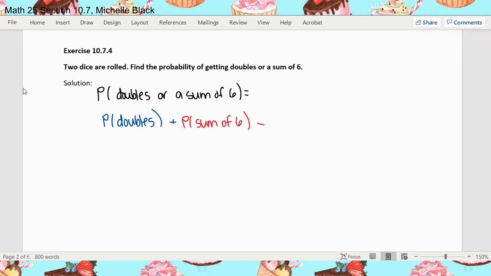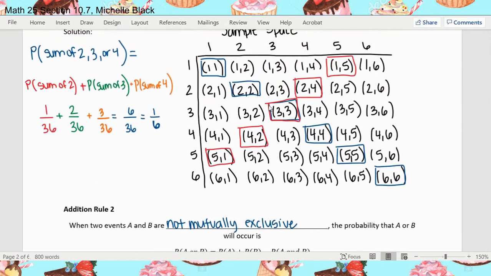Well, hopefully you noticed while I was circling that there was one of our 36 outcomes that was circled twice, and that was where we were both a double and a sum of 6, which was the case 3, 3, right? When I roll 3 and 3, it's a double, and when I add 3 plus 3, it equals 6. So I added that one too many times.